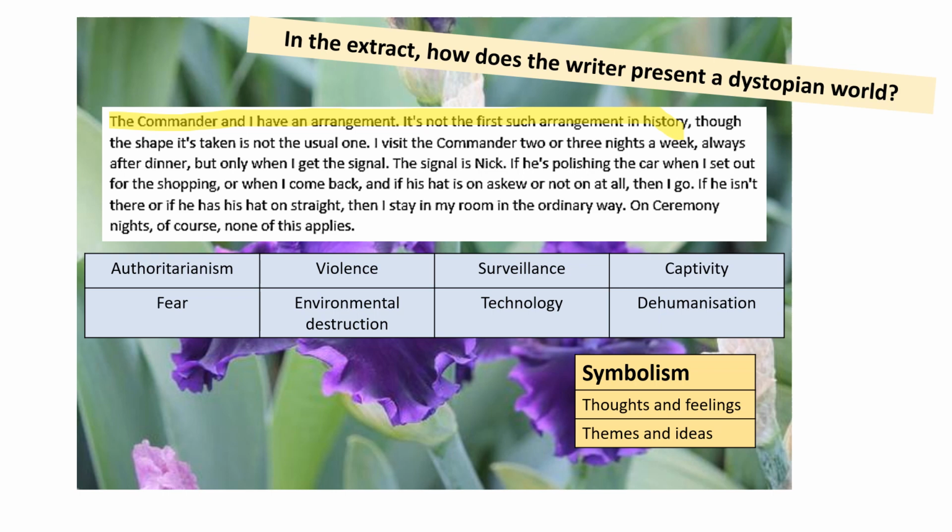First of all, June has to spend a lot of time sneaking around, doesn't she? The commander and I have an arrangement. It's not the first such arrangement in history. And what June is alluding to here is the way women have always had to negotiate men and their desires and their feelings in order to survive.